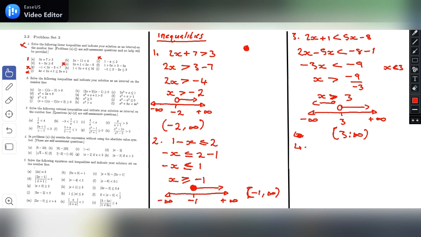Now number 4, it's G, which is negative 1 less than 2x minus 5 less than 7. So how do we call this? You can call it that 2x minus 5 is greater than negative 1 but less than 7. How can we solve this one?